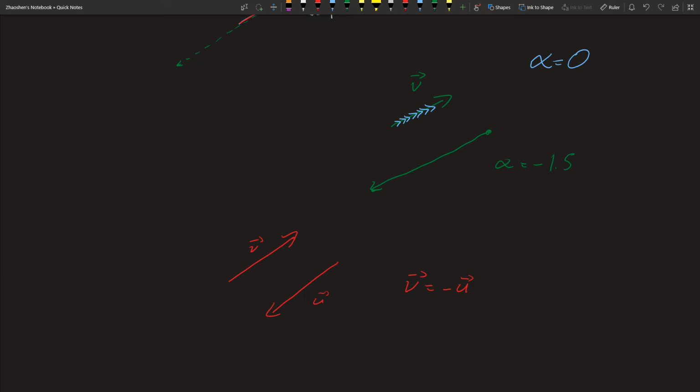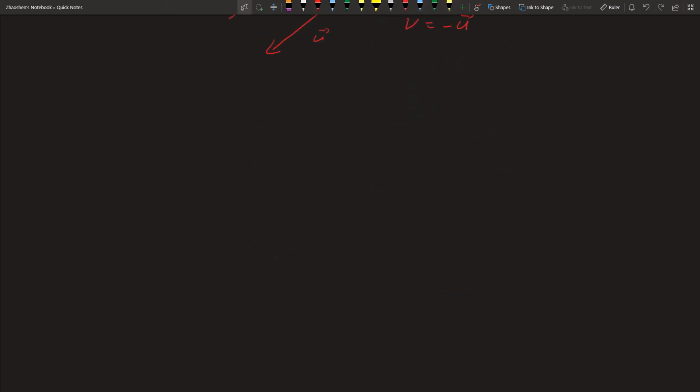Now, I skipped the case for alpha equal to 0, and I did that for a very good reason. If we actually try to draw this new vector, for example, you have vector v like this, and then you scale it down and down and down till the vector goes like this. It becomes a point. So it's not technically a point, it's still a vector, but the zero vector, that's what we call it, just looks like a point because the tail and the head will come together.